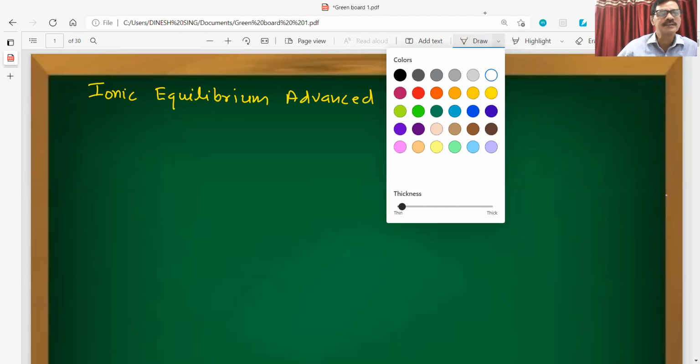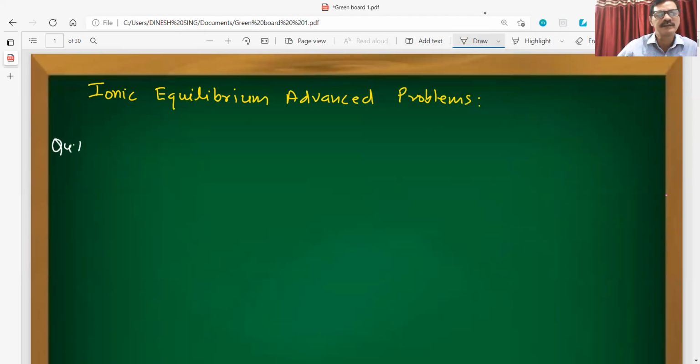First problem I am discussing, question number 1. Suppose we have a very strong acid and strong base solution.